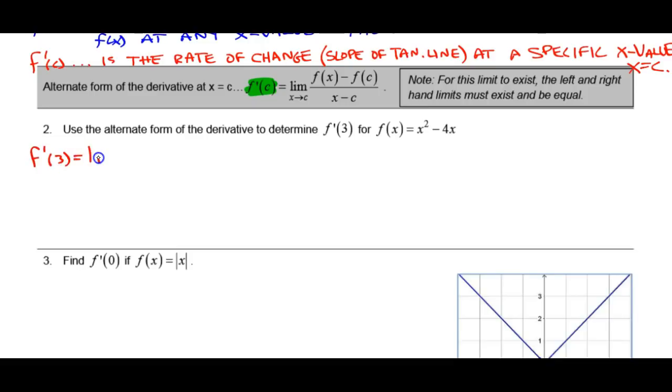F prime of 3 is the limit of f of x minus f of c. So I have to plug in 3 to the function. That's going to be 3 squared minus 4 times 3, all over x minus 3. And I'm looking at that limit as x goes towards 3. So let's go ahead and rewrite our numerator.